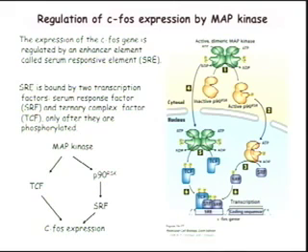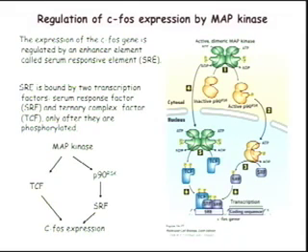So now TCF and SRF, upon phosphorylation, can form a trimer, bind to the serum response element, and activate transcription of the C-FOS gene. And of course, a similar concept happens to allow activation of many other transcription factors that need phosphorylation to be activated.